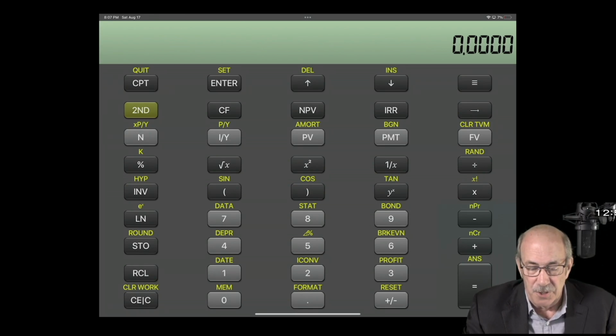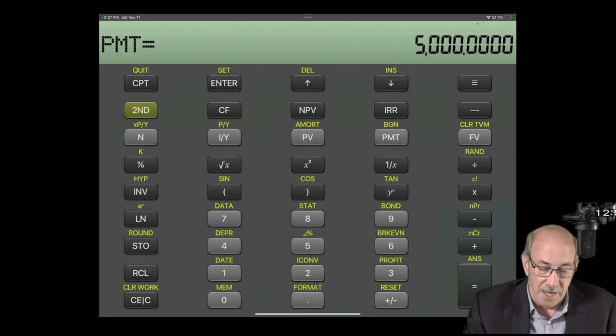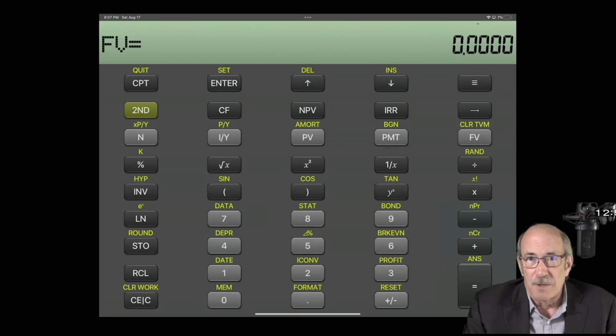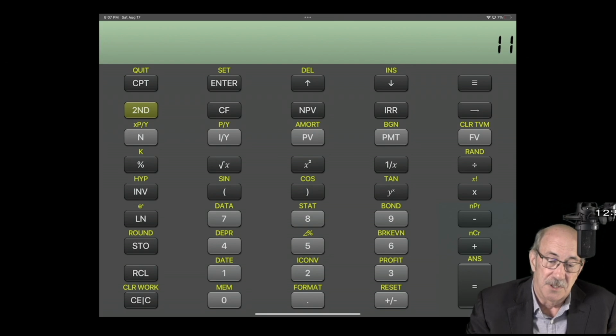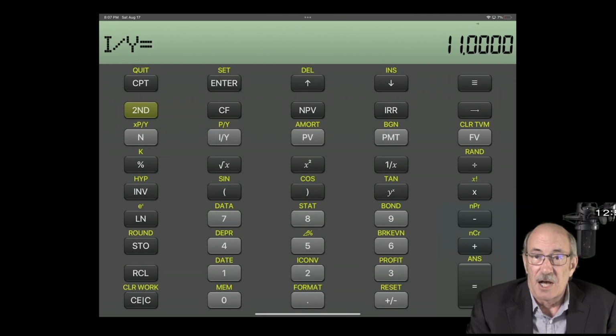So let's just put in the $5,000 for the payment. We're going to have a 0 in the FV. That should have been cleared anyway, but just in case. We know that the rate is 11%. So we're going to put that in as our I.